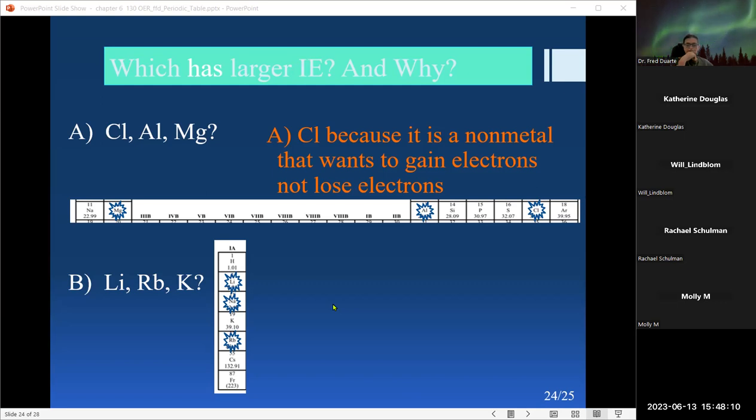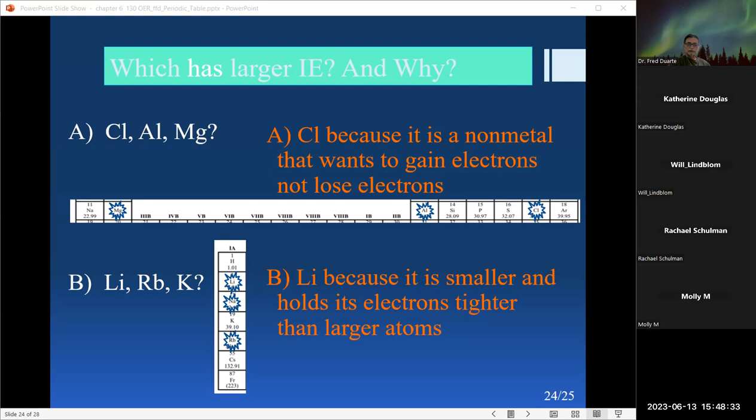But the difference is, as you go down the periodic table, the radius gets bigger, plus the electron gets further away from the nucleus, which means an electron held further away won't take as much energy to remove as an electron that's closer to the nucleus, as in the case with lithium. So lithium, being smaller, is holding on to its electrons with a greater force than the larger atoms. So it would have a greater ionization energy than the other elements.